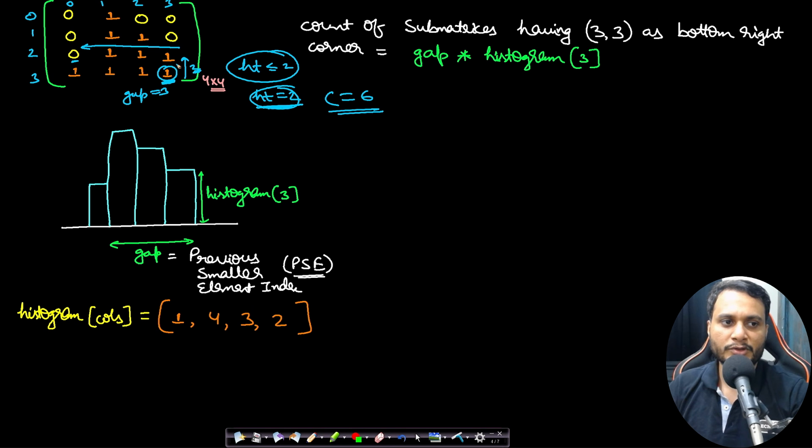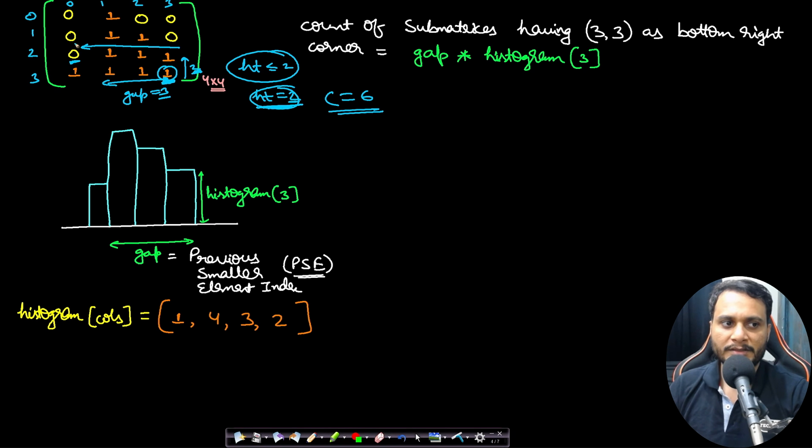But height equal to 1 can also give a valid submatrix. So in that case, if I have to consider all the heights less than this value 2, I have to see what is the first index on the left hand side where I have seen a height less than the current height, which is 2, because that will define what the gap was. How did we find the gap here equal to 3? The gap will be found by finding the previous smaller height.